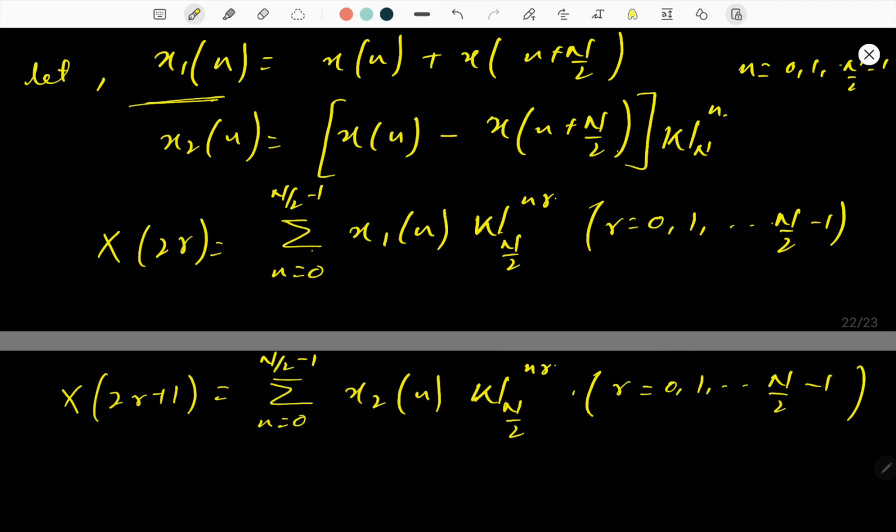This is how we get these two values, X(2r) and X(2r plus 1).